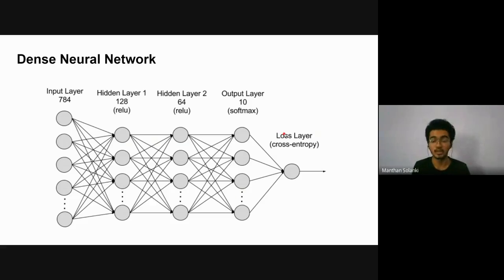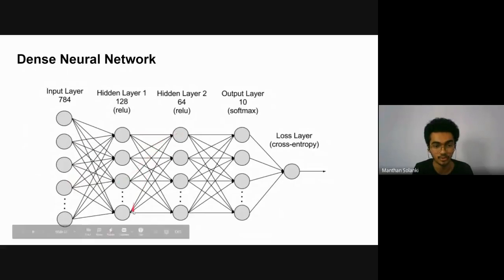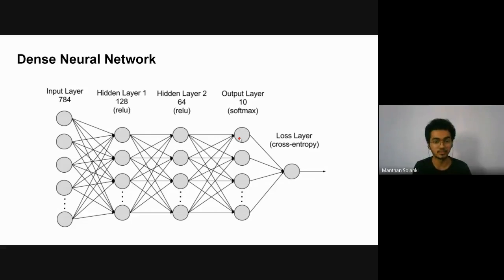I will cover this loss layer in the next slide, but before that I am going to tell you that each and every neuron is connected with all previous neurons. Look at this neuron: it is getting input from all neurons, and it is sending output to all neurons in the next layer. That's why this connection is called a dense neural network.